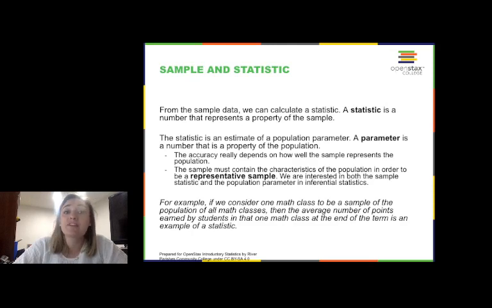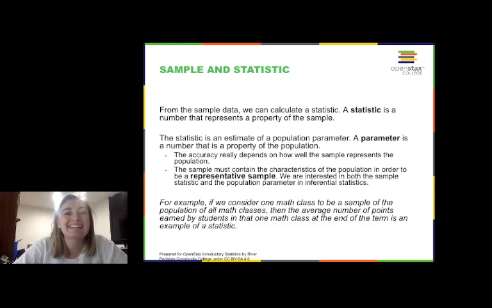From this sample data, we can calculate a statistic. A statistic is a number that represents a property of the sample. So when you're taking a statistic of a portion of the population, it is just a number or a quality that represents the sample.